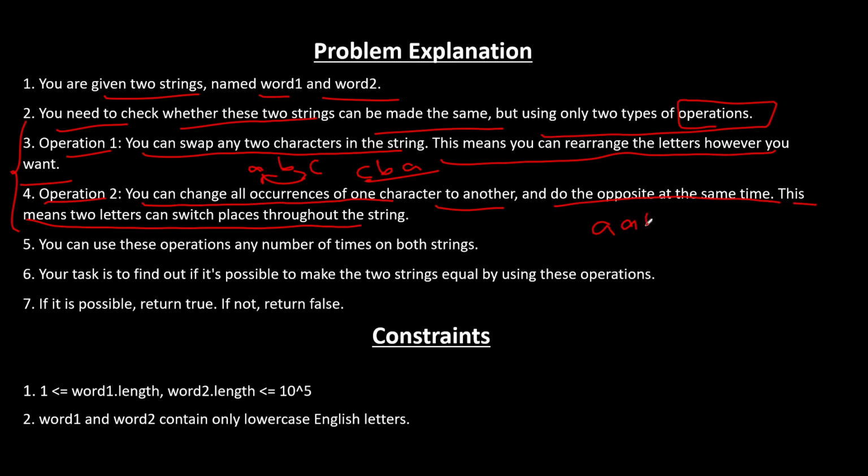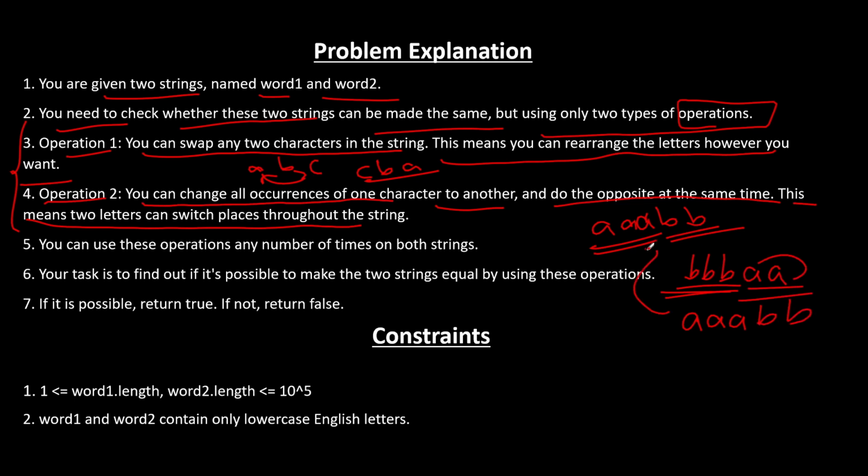Basically, if you had A, B in one string and B, A in the other, you can replace this A with B here, and this B can be replaced with this A. So we can see that these strings get converted to the same, so word 2 basically gets converted to word 1.